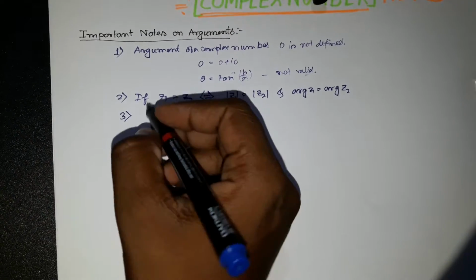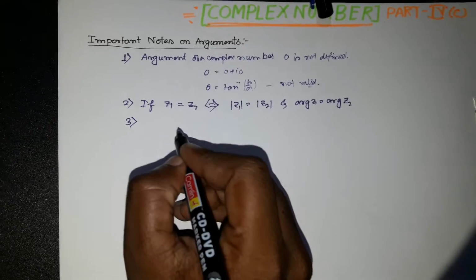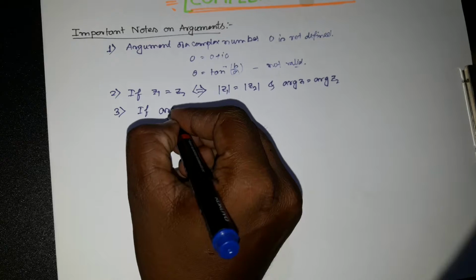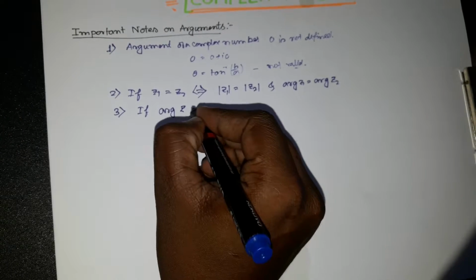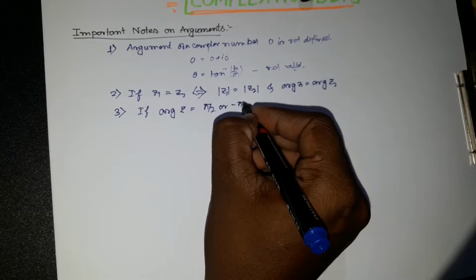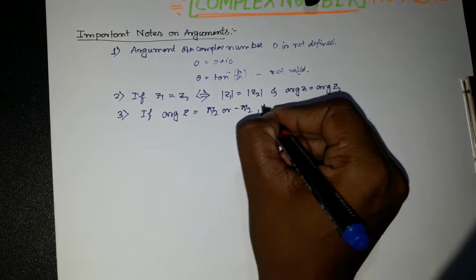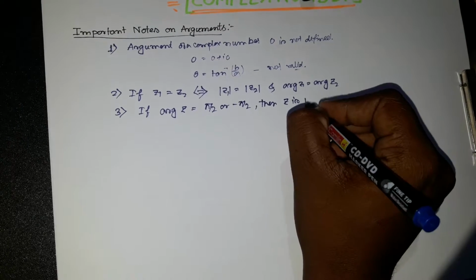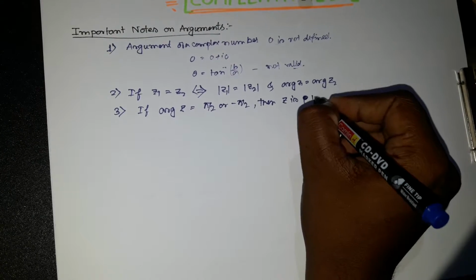Also there is one remaining point we are going to discuss: if argument of z equals pi by 2 or minus pi by 2, then z is purely imaginary.